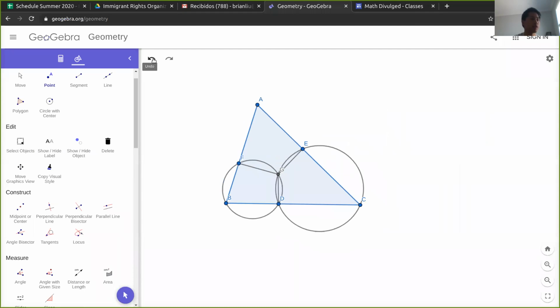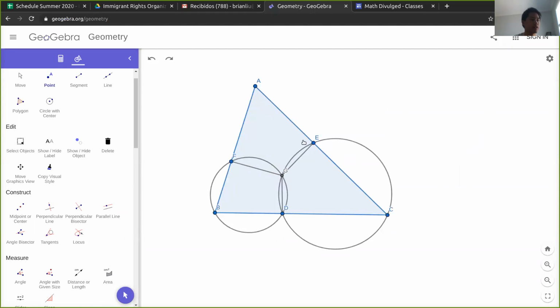So we want to show that these two angles sum to 180 degrees. Well, what do we know about this angle? This angle is easy. This is just A, right? Like this angle FAE is just BAC. It's just part of the original triangle.